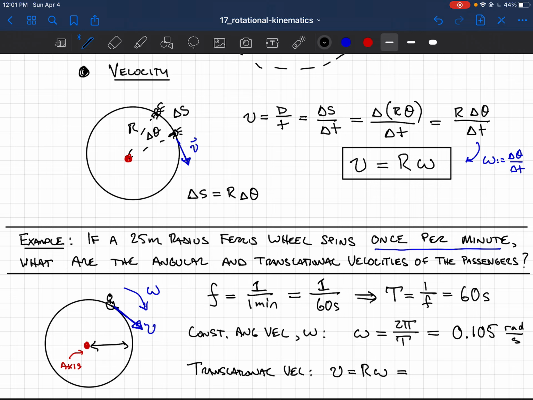So that's going to be 25 meters times 2 pi over T, or times 0.105 radians per second. And what we get is 2.6 meters per second. So the speed through space is 2.6 meters per second. The rotational speed, the speed at which it is rotating, is 0.105 radians per second.